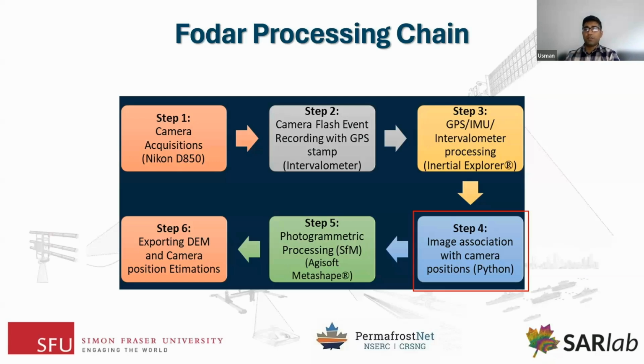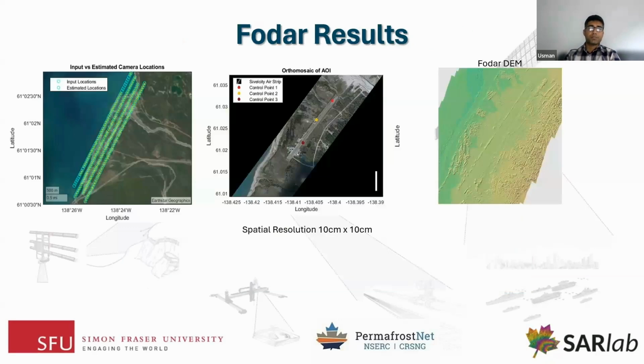And if you don't have DEM repeatability, you cannot do change detection. So you have to have accurate DEM positioning or georeferencing so that you can perform a direct difference. Initially, once we installed the system in 2020, we did some validation tests where we flew over the airstrip and formulated the DEM.